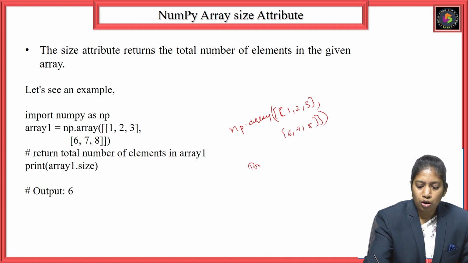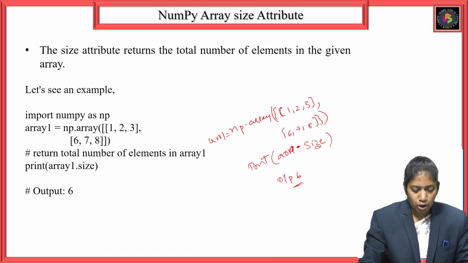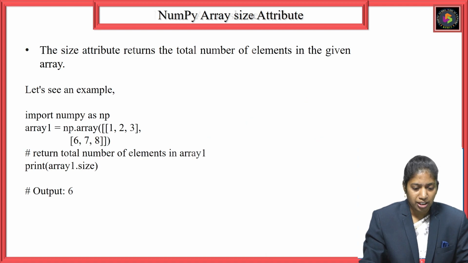I just want to get the size, so print of arr1 dot size. How many elements? 1, 2, 3, 4, 5, 6. So the output will be 6, the number of elements in the array, given by the size attribute. That needs to be imported from NumPy.